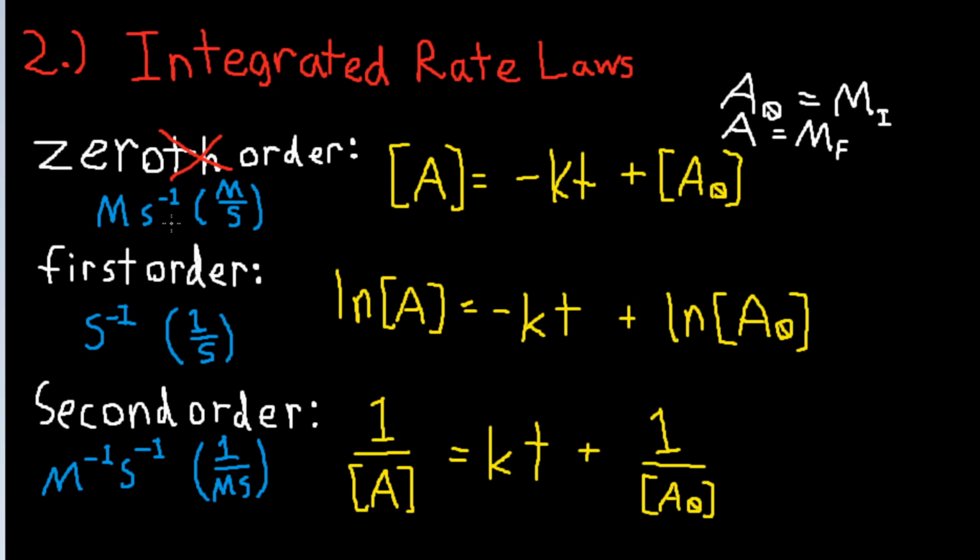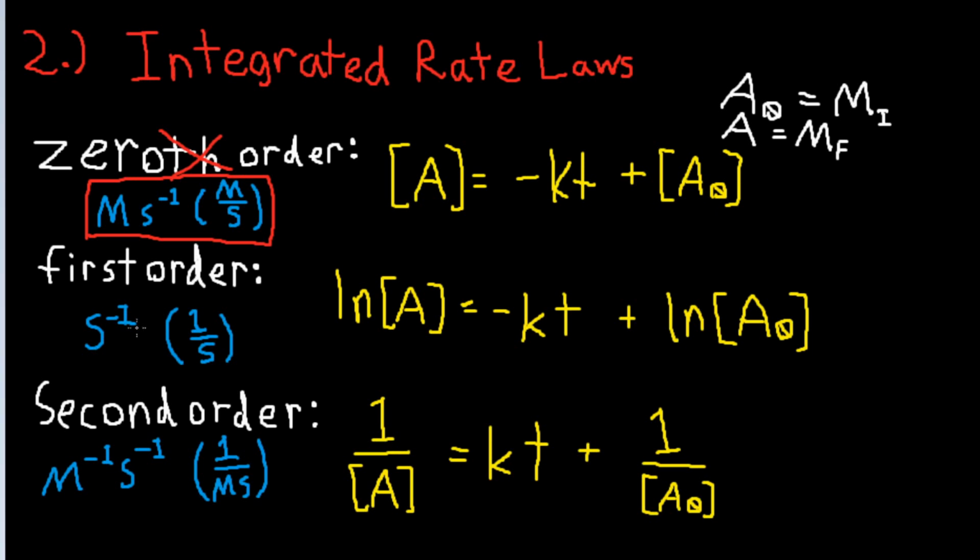For example, with zero order kinetic rate laws, you'll see M times S to the negative first power, or M over S, as your unit for k. And then here you'll have A equals negative k times time plus A sub 0.